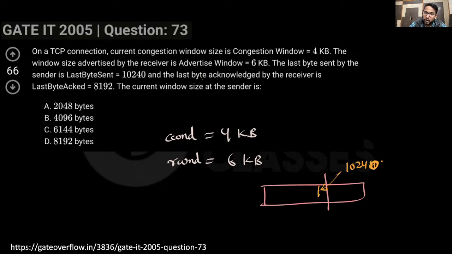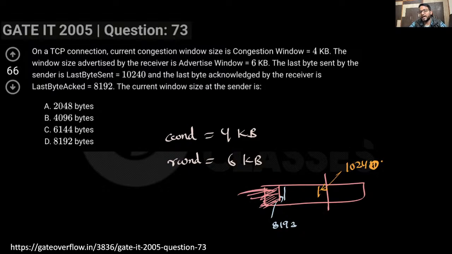The last byte acknowledged by the receiver is 8192. So you have sent this many bytes, and the receiver is saying it is expecting 8192. The receiver has acknowledged, which means everything before that has been received.